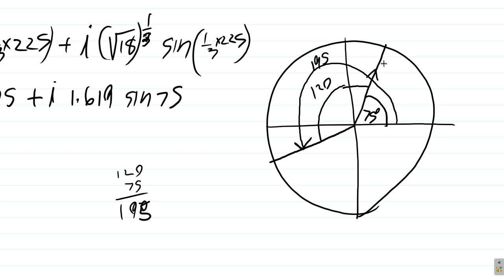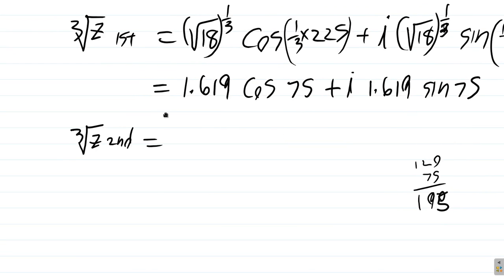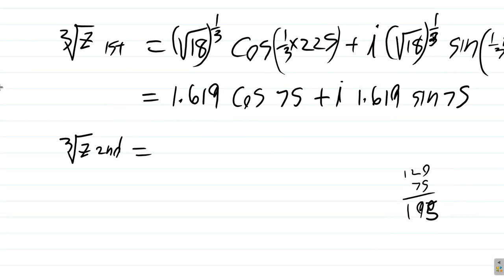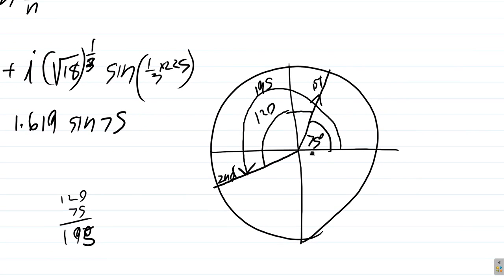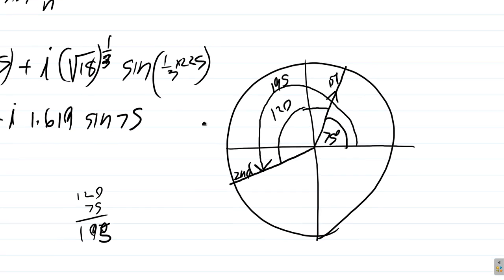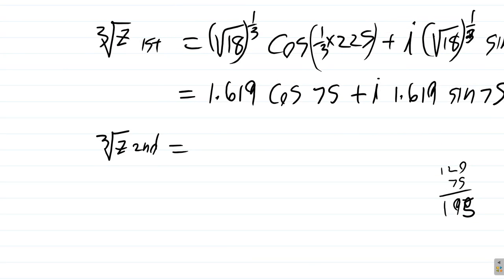So this is the first cube root of z. This would be the second. For the second cube root of z, remember, the magnitude of the complex number remains the same. It remains as the radius of this circle. It's the angles that will change now.